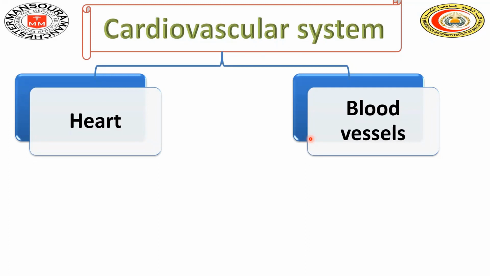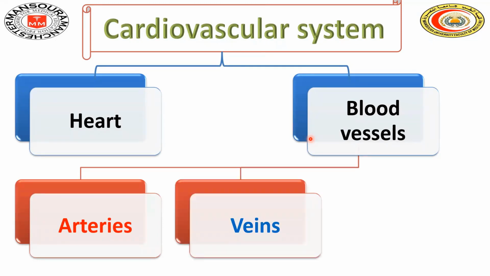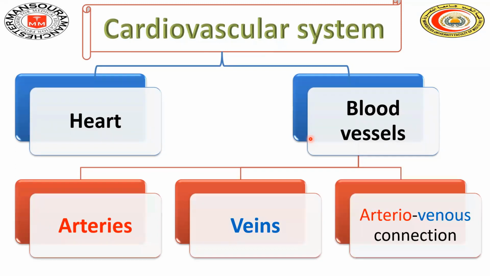And blood vessels could be subdivided according to the blood inside, whether it is oxygenated or deoxygenated blood, into arteries, and these are the blood vessels that contain oxygenated blood; veins, and these are the vessels that contain deoxygenated blood; and lastly we have the very narrow vessels or small vessels connecting arteries with veins, what we call AV connection or arteriovenous connection. So these are totally the components of the cardiovascular system.